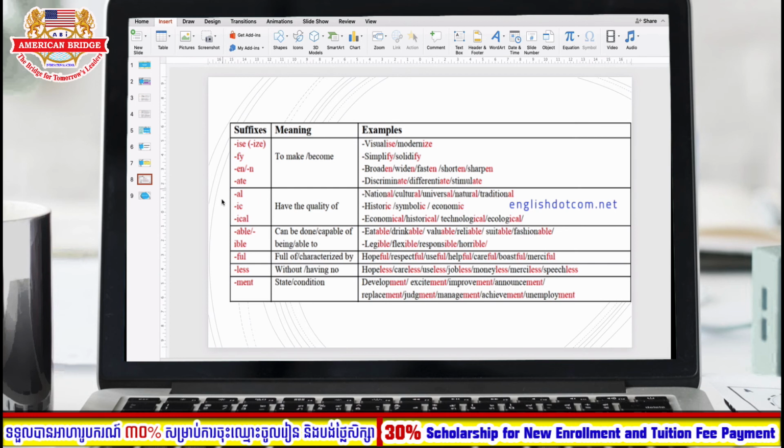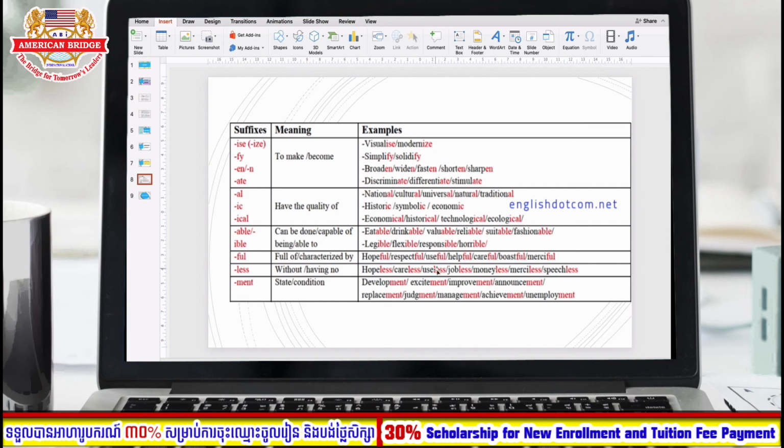So here is a list of suffixes that you can use, and be careful with these suffixes, because sometimes you can use them in the wrong word. Let's look at the word hope. Okay, hope, and then you can use the suffix ful, which means hopeful, to change from noun to adjective.